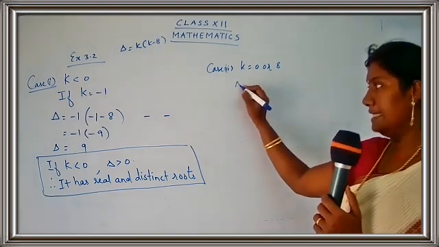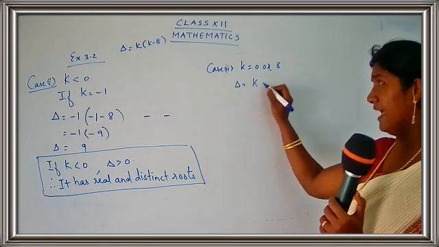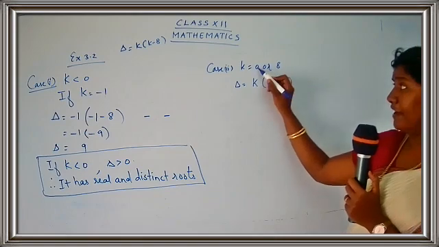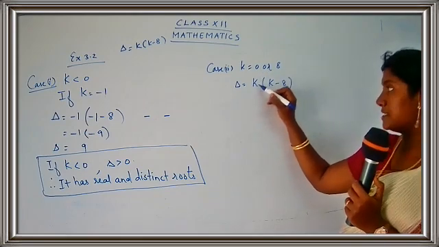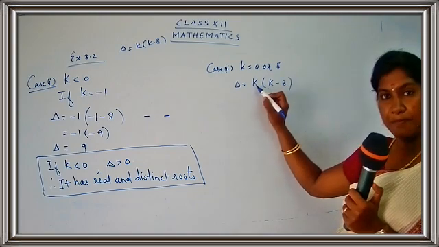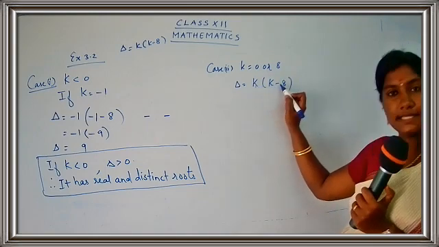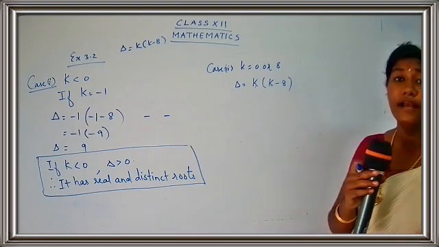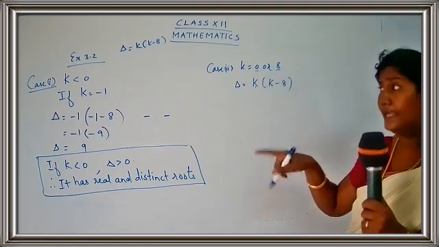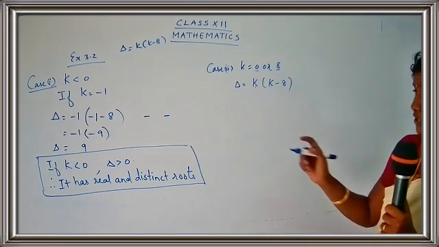So delta will be k into k minus 8. Just listen carefully, children. If I put 0, 0 into anything gives 0. If I put 8, 8 minus 8, again you get answer 0. So if I put 0 or if I put 8, I am going to get the value for delta as 0.